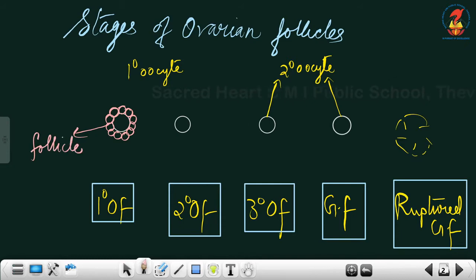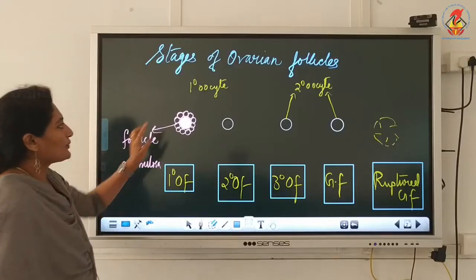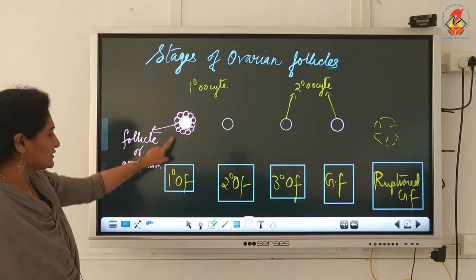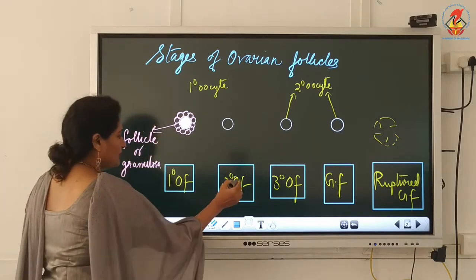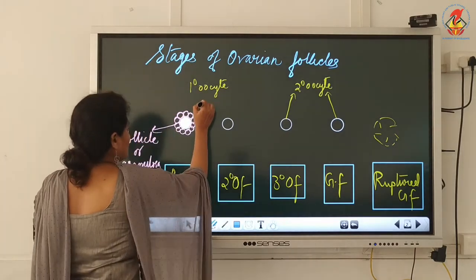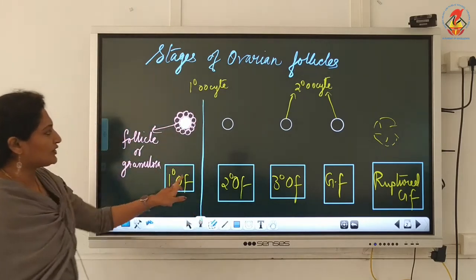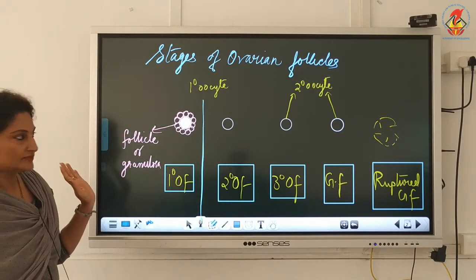Follicle cells or granulosa cells. And in the center, what is present? As I told you, it's a primary oocyte. So this is the structure of a primary ovarian follicle. Clear?